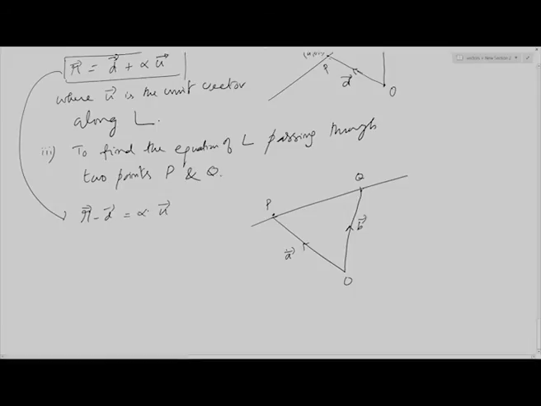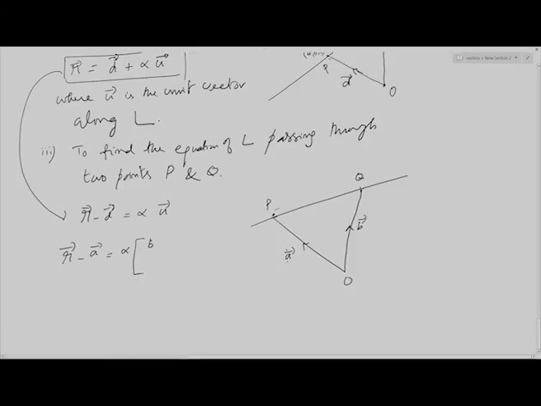In the same way, I can write r minus a, because u is the unit vector along L. Here the unit vector can be easily found, because P and Q are given. How do you find the unit vector? Alpha times, or k times, the vector b minus a.